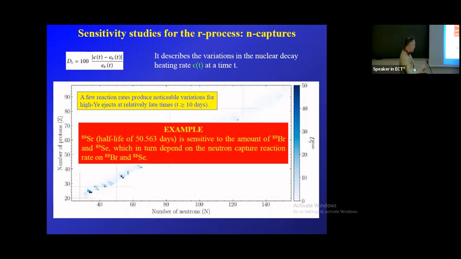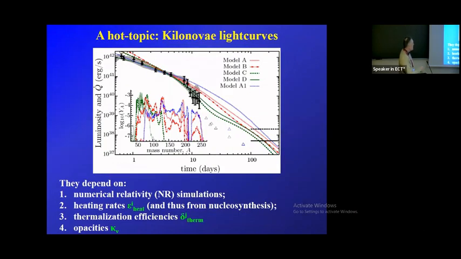And obviously, this is very important because one of the most interesting topics related to neutron star mergers is the determination of the kilonova light curve, which depends on many quantities: the numerical relativity simulation, which determines the physics of your merging, but also the heating rates, which basically depend on how much of each isotope you are producing, how much of the heat from this decay will be thermalized within the ejecta, and so the thermalization efficiency, and the opacities.